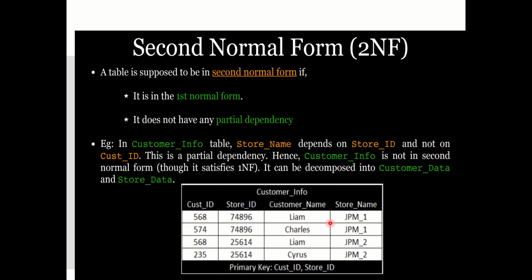But in the earlier case, the store name was only partially dependent, because the primary key was a combination, right? It's a composite table with a composite key, the combination of store ID and customer ID. So this was only partially dependent, and it was not conforming to the standard for 2NF.